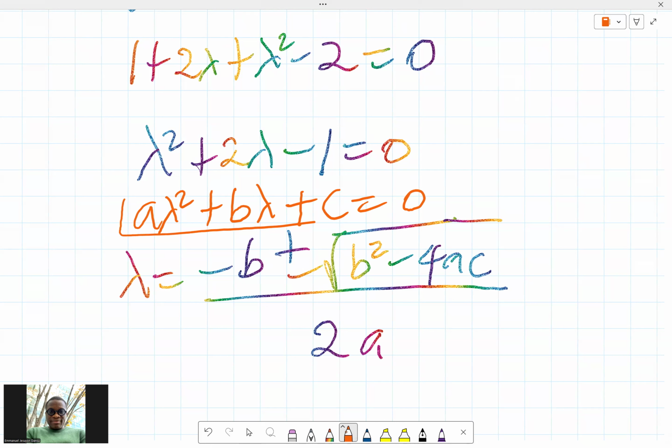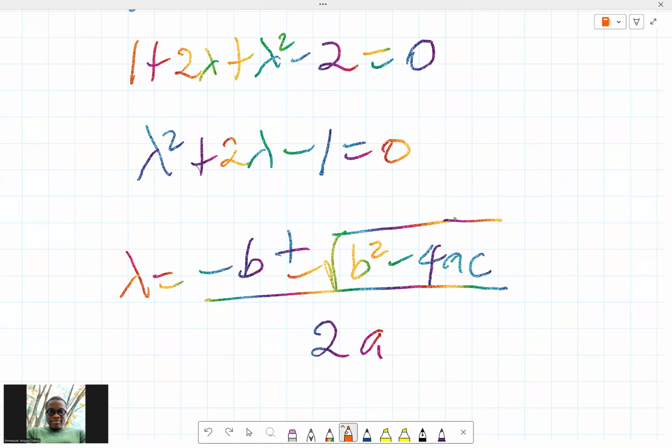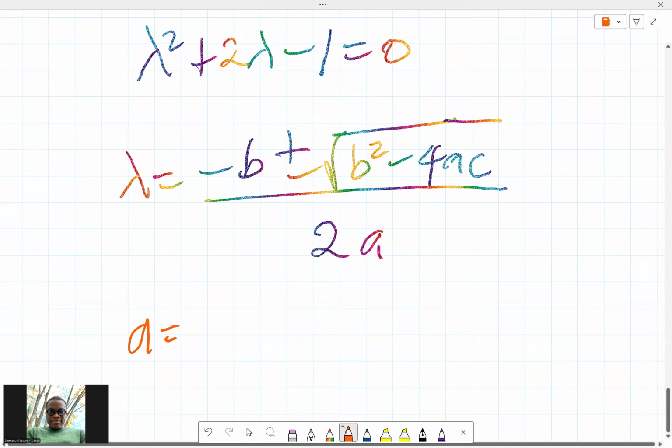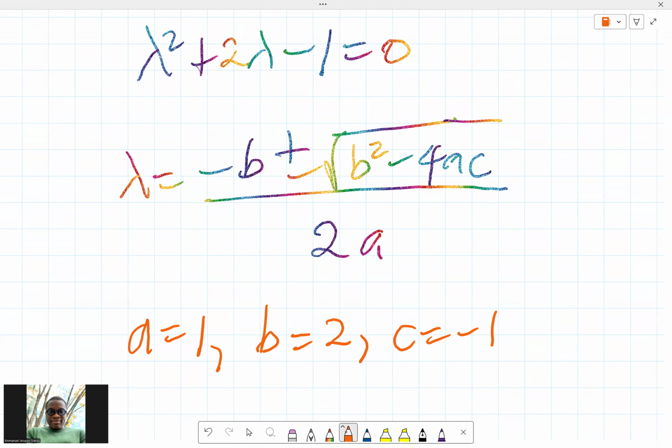So we have a to be 1, the coefficient of lambda squared, b is 2, the coefficient of lambda, and c is -1, the constant.